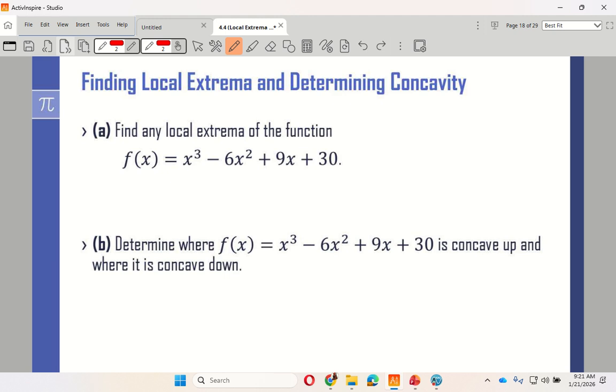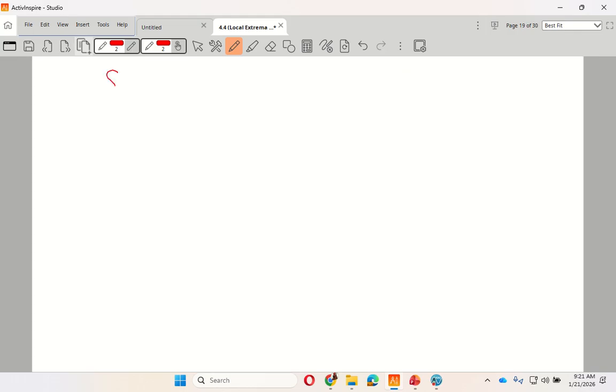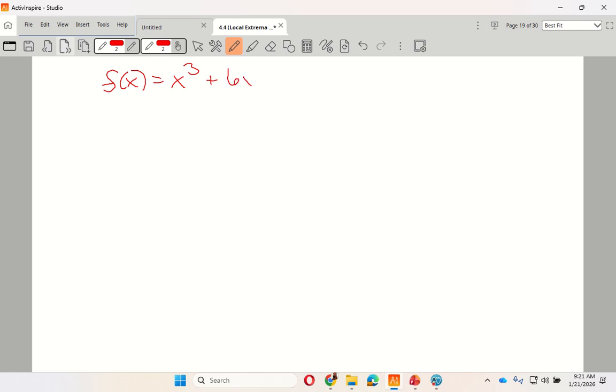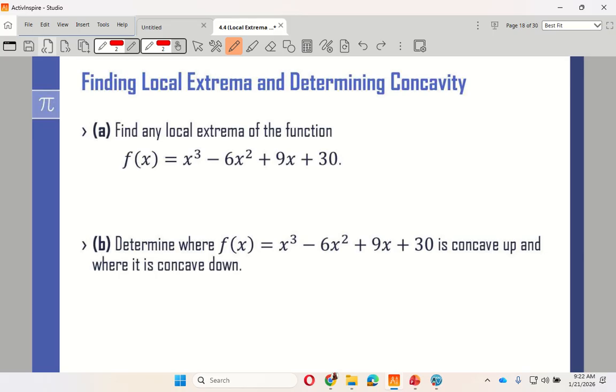All right, finding local extrema, determining concavity. So I'm going to go another page on this one. x cubed minus 6x squared plus 9x plus 30.